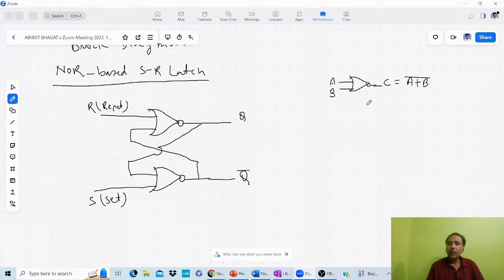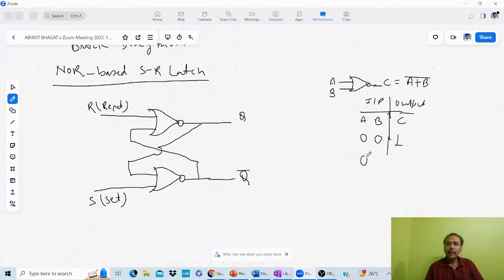So all of you know the truth table for NOR gate. Input is A, B, output is C. When your input is 0, 0, the output of the NOR gate is 0 plus 0 means 0, then 0 bar is 1. So C equals 1.